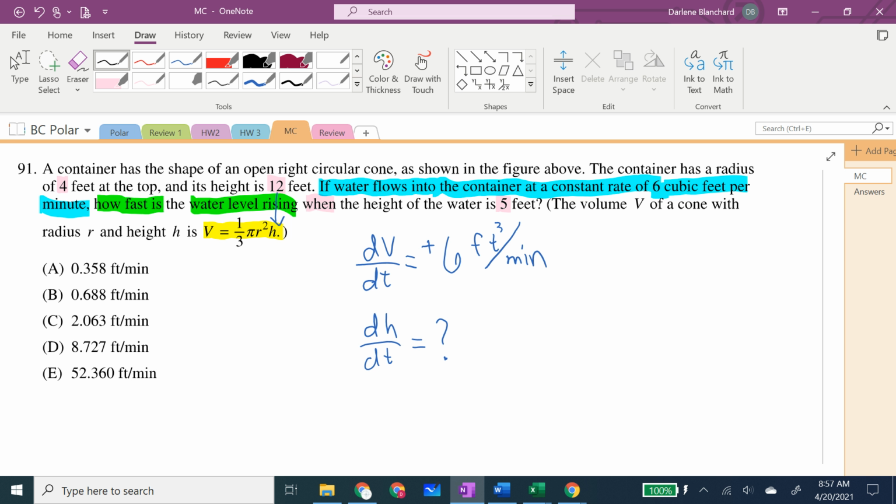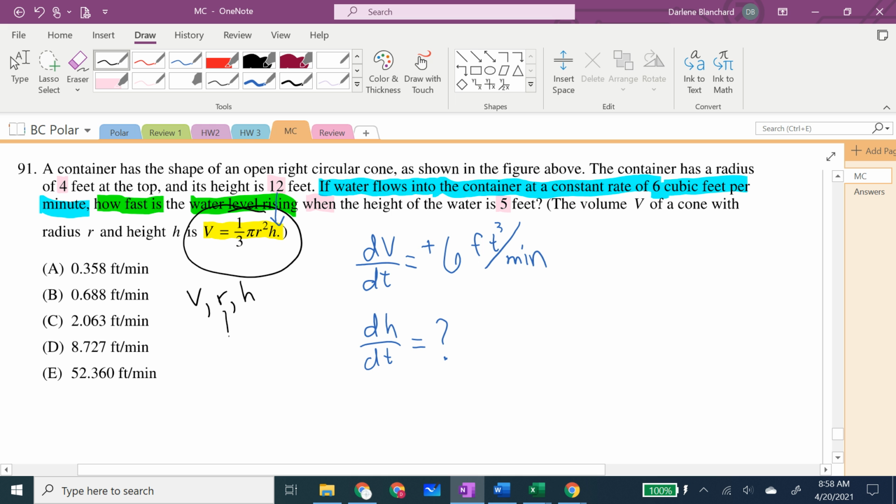Now they gave you this formula for volume, but the variables in there are V, R, and H. Do you have rates of change being given or asked for all three of them? No. So pay attention. I see the wandering. I know, it's hard to pay attention.